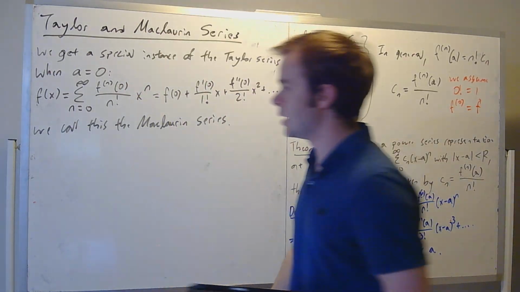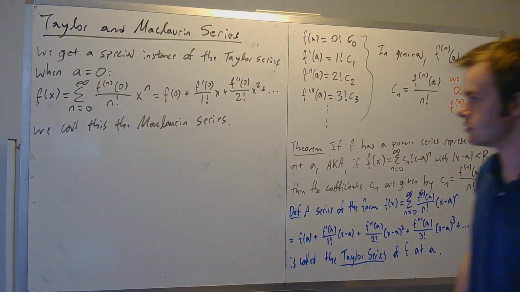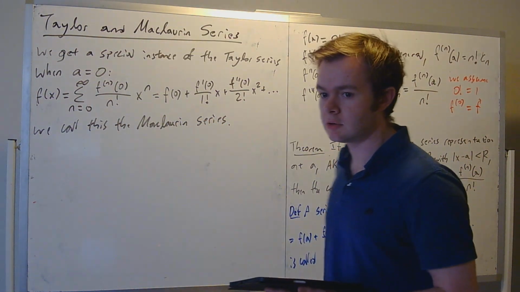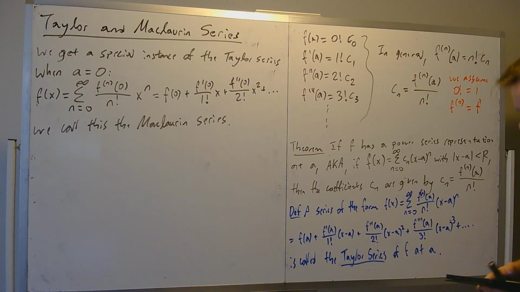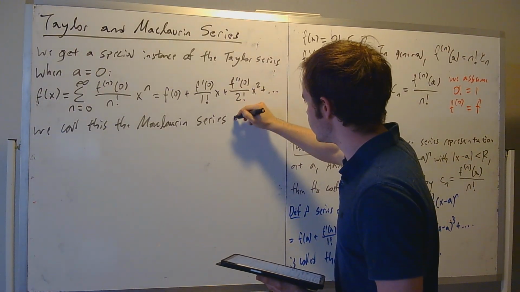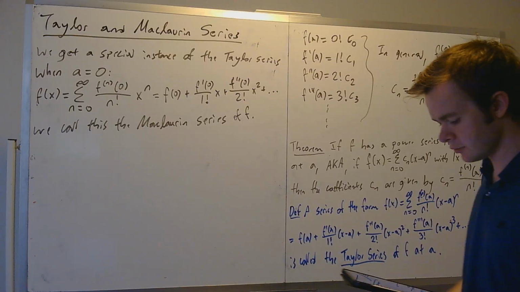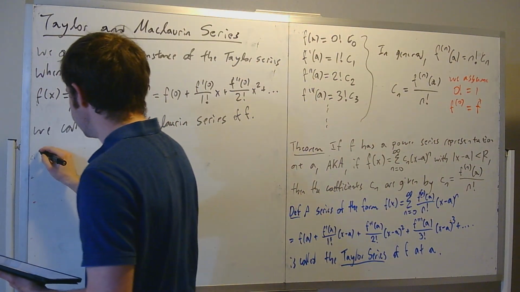Right, so if a problem asks you to find the Maclaurin series, then this is exactly the formula you use. You use the Taylor series formula, but you set a equal to 0. That's the Maclaurin series of f. That's what I meant to say there. Okay, so let's go over an example.